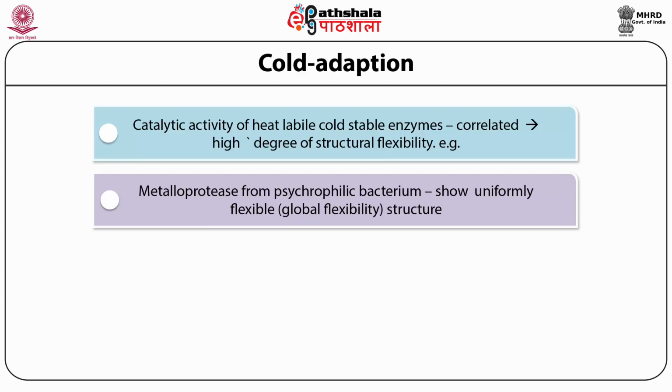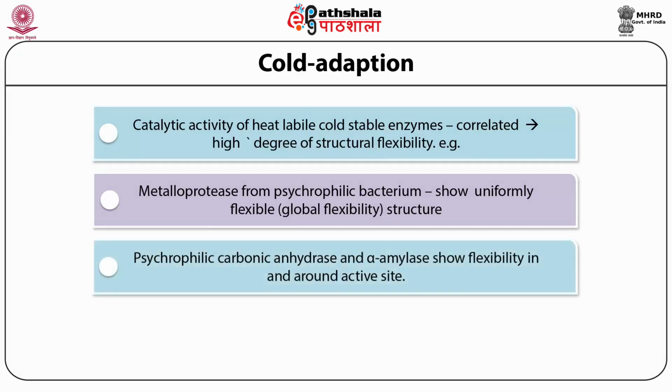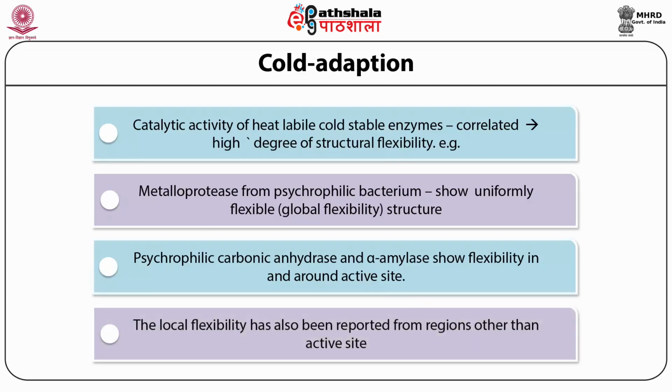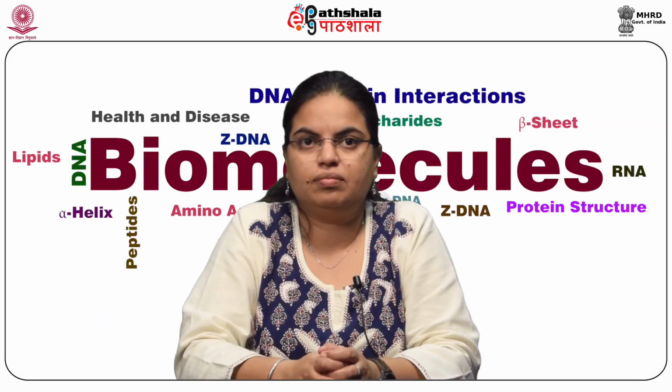On the other hand, the enzymes carbonic anhydrase and alpha amylase, which are psychrophilic in nature, show flexibility in and around the active site, which means the flexibility contributing to the higher catalytic activity of these enzymes is located at a specific site. So they show a local flexibility contributing to their higher activity.